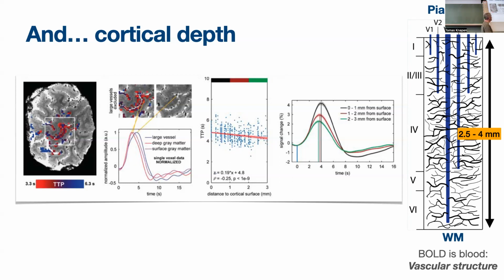Now you can imagine that if the blood actually gets used here and then flows up, you wouldn't just get a lot of signal there. Anyone have an idea? There's another thing that might happen if you're seeing draining veins at the top of the gray matter.